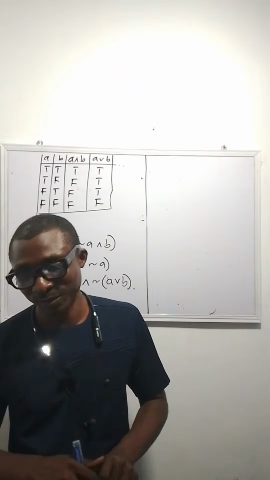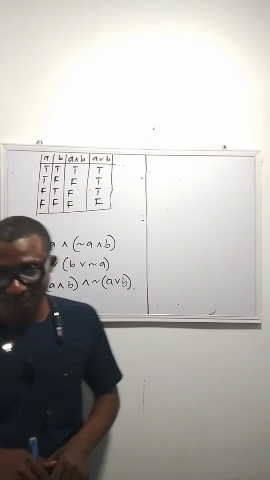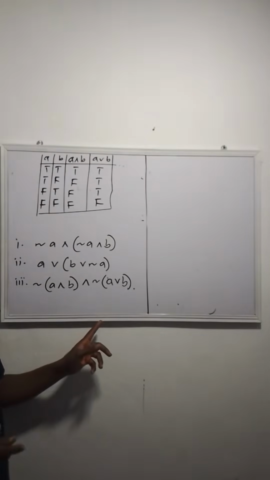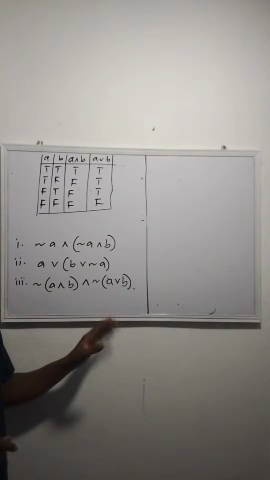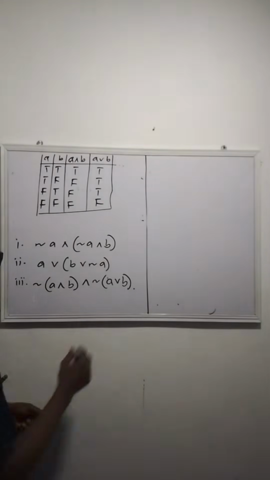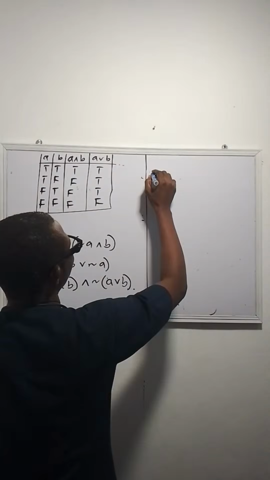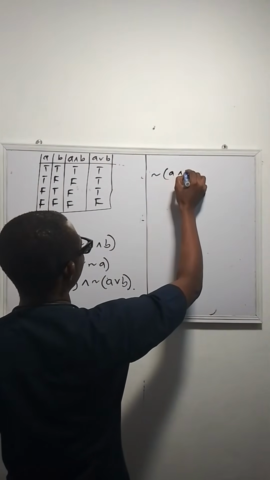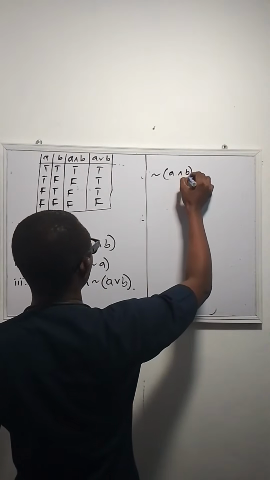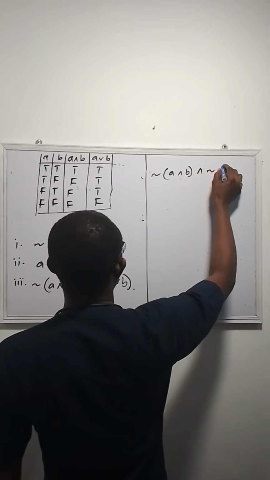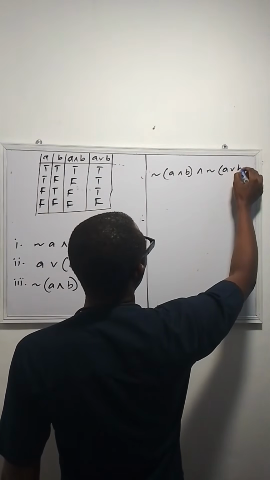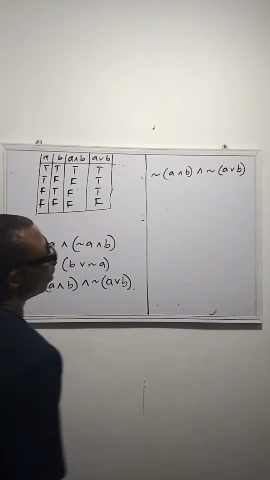Okay, so now before they went off, we're looking at this third question. So I asked you to try it. I can see different answers there. So now let's do it together and see what we have. We have negation of A and B and negation of A or B. All right.